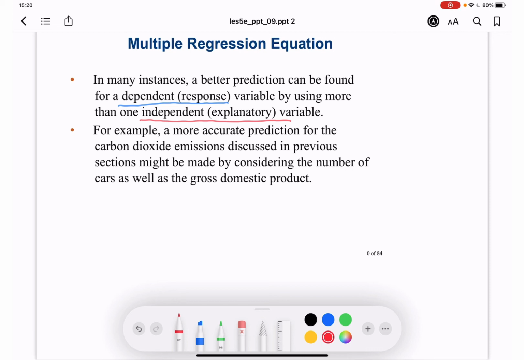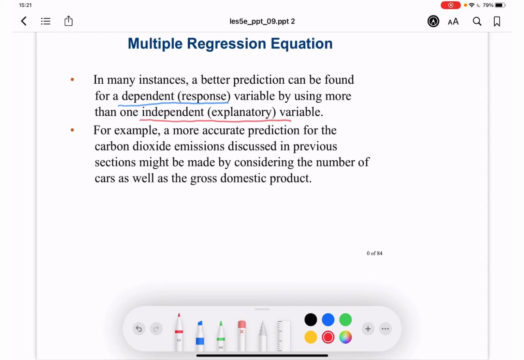For example, a more accurate prediction for carbon dioxide emission discussed in previous sections might be made by considering the number of cars as well as the gross domestic product. As you remember, we were doing an example in a previous recording of how CO2 depends on gross domestic product.